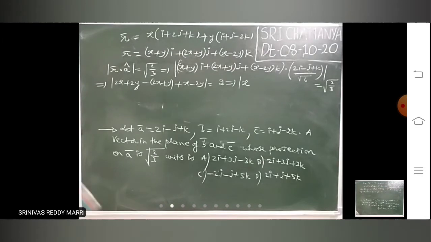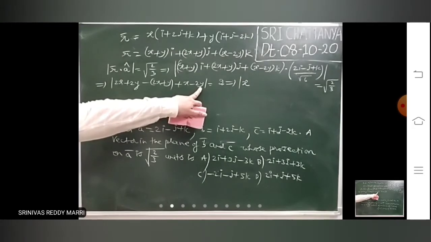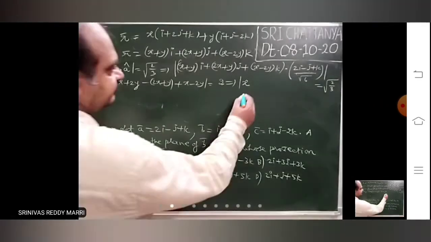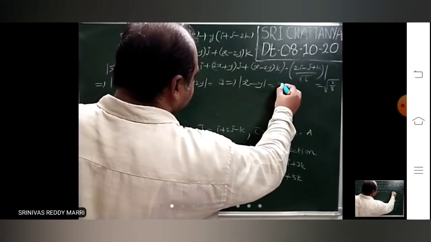So 1x will remain, then 2y, look here, 2y minus 2y got cancelled. So therefore, minus y equal to 2.